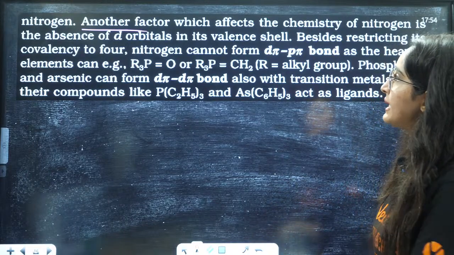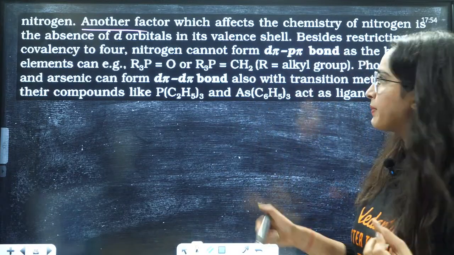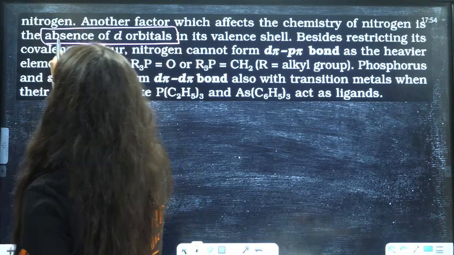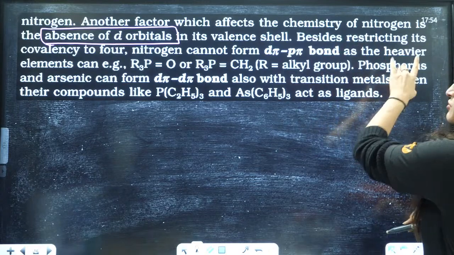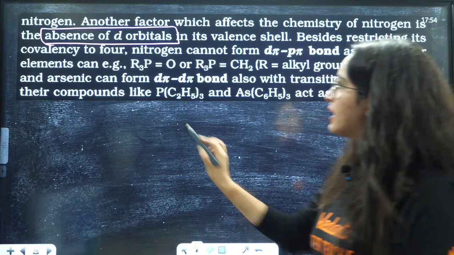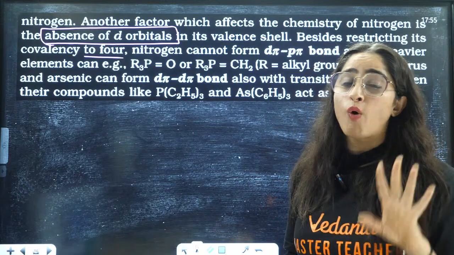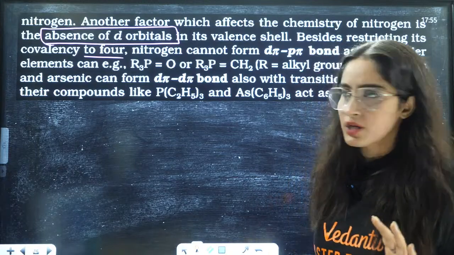Another factor which affects the chemistry of nitrogen is the absence of d orbitals. As I told you, due to the absence of d orbitals, it will not be able to expand the covalency in the valence shell, restricting its covalency to 4. That is why I always tell you nitrogen only forms 4 bonds at maximum, and if it is forming 4 bonds, it should have a positive charge.